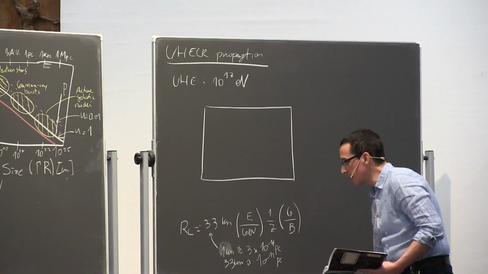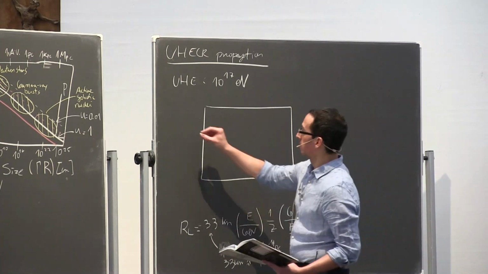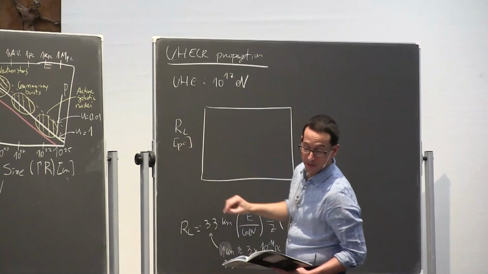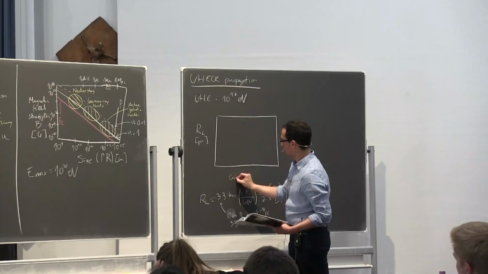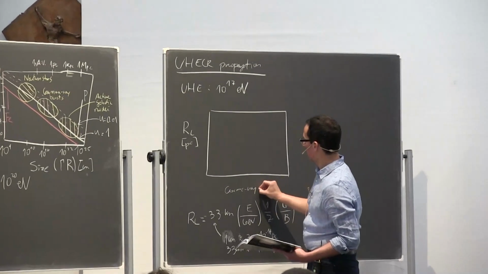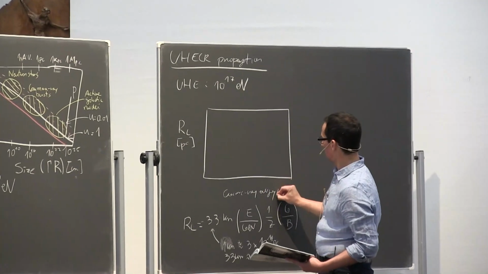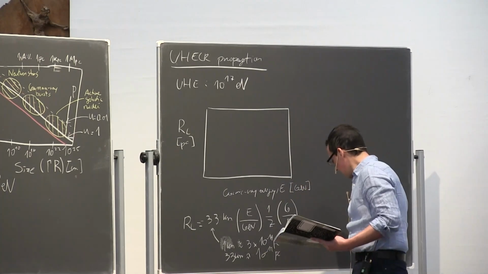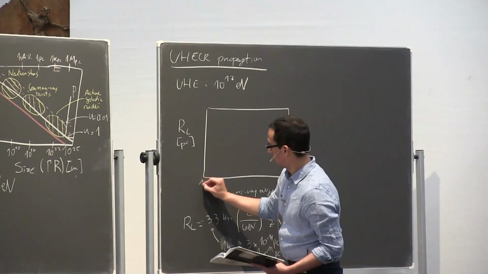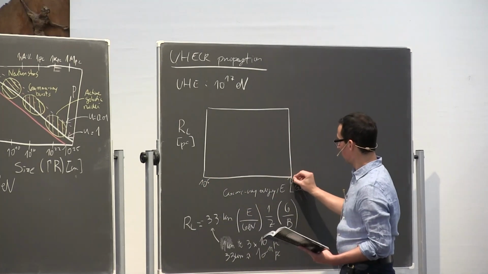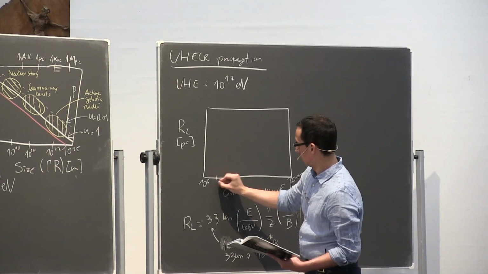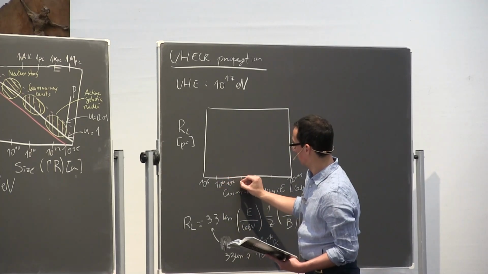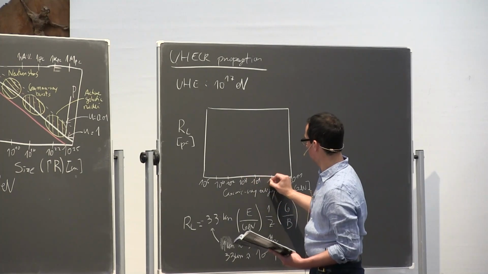Okay, so if we want to plot the size of the Larmor radius in parsecs as a function of the energy of the particle that is being accelerated, so the cosmic ray energy, and I'm going to write it in GeV, then let's put some numbers: 10 to the 5, 10 to the 11 over here, 10 to the 8, 10 to the 9, 10 to the 10.